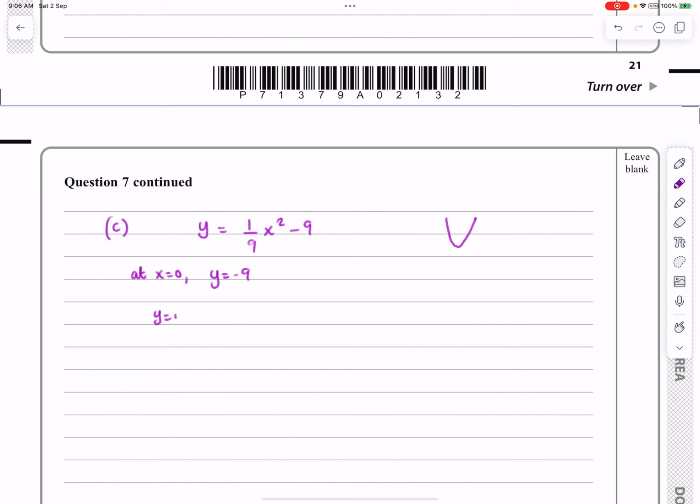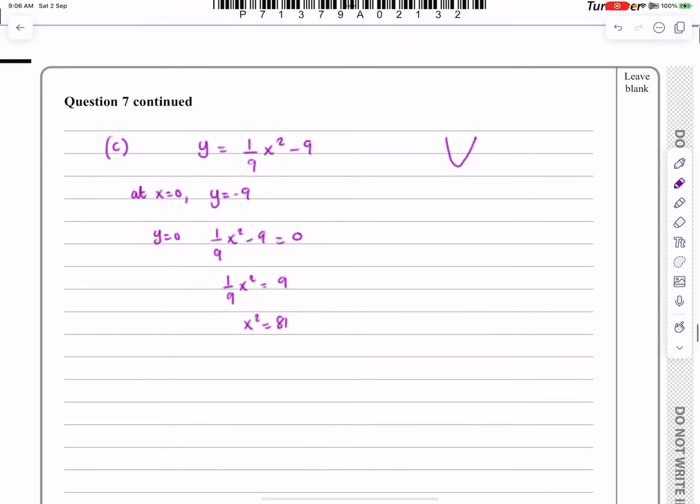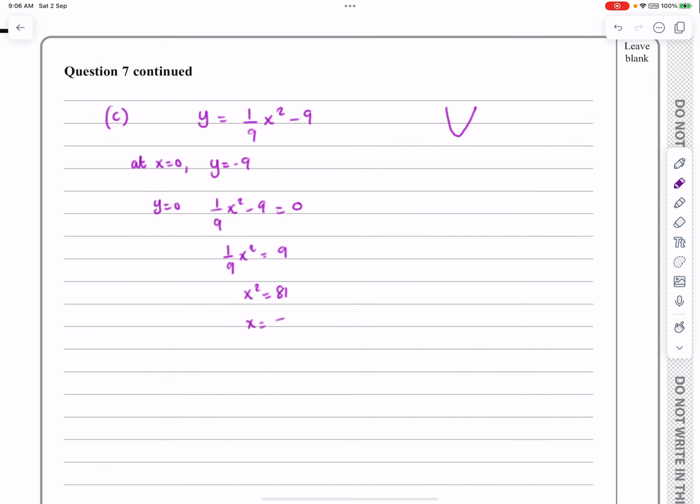And at y equals 0, I'm going to get a ninth x squared minus 9 equals 0, and a ninth x squared equals 9. x squared equals 81. So x is going to be equal to plus and minus 9.